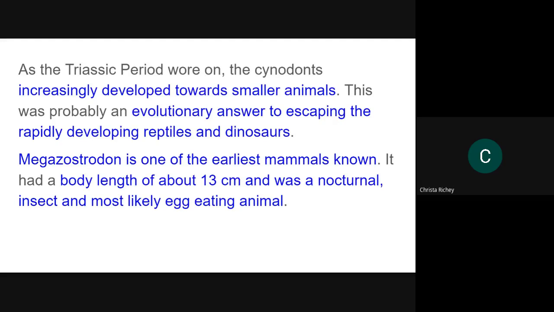So you've got literally this big, not even the length of my hand. That is our direct ancestor that apparently all mammals radiated from. It was nocturnal, most likely hibernated.